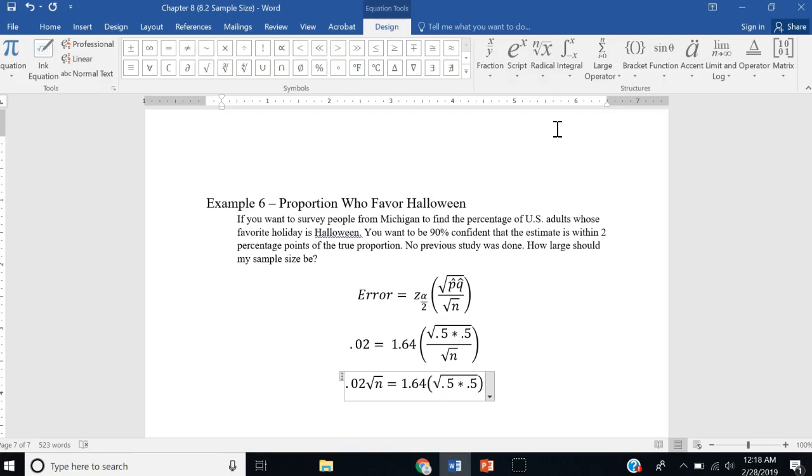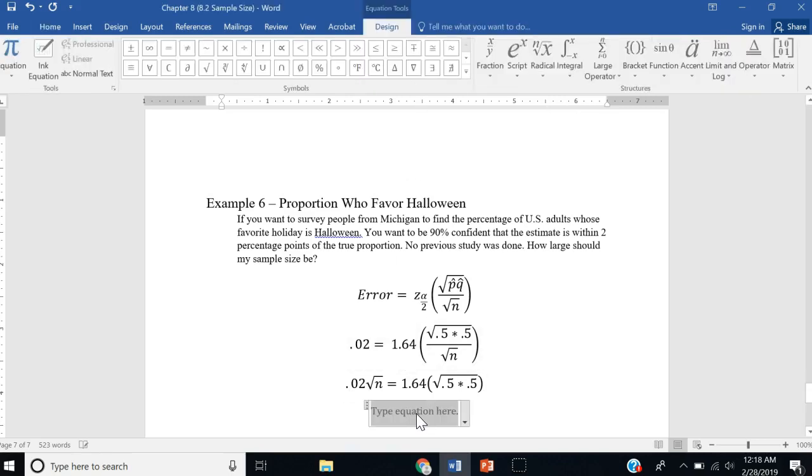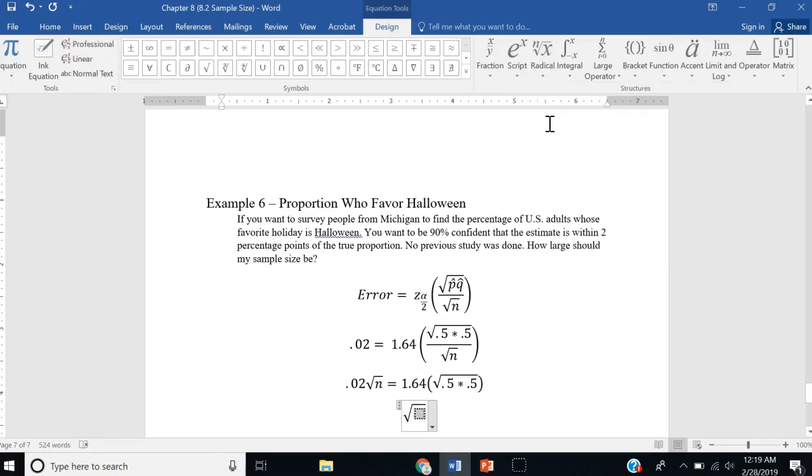And then I'm going to divide by 0.02. What we end up with is that the square root of n is right about 41. In fact, it lands on 41 exactly.